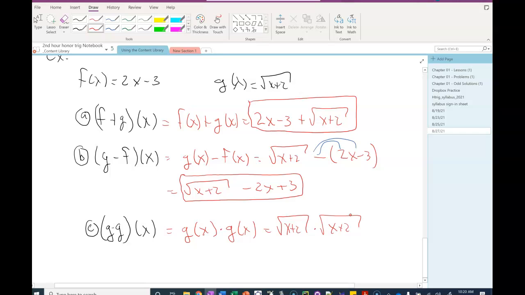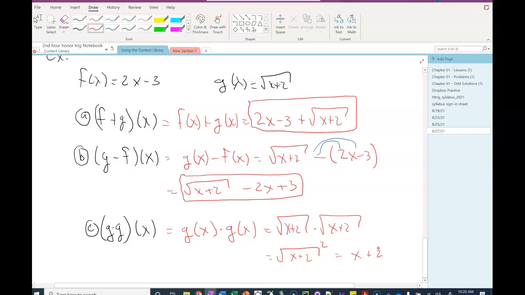Can I simplify that anymore? Well, that would be the square root of x plus 2 squared, right? Can I simplify that anymore? What would I get? x plus 2.